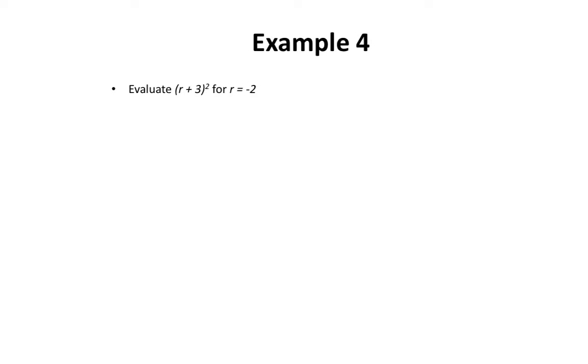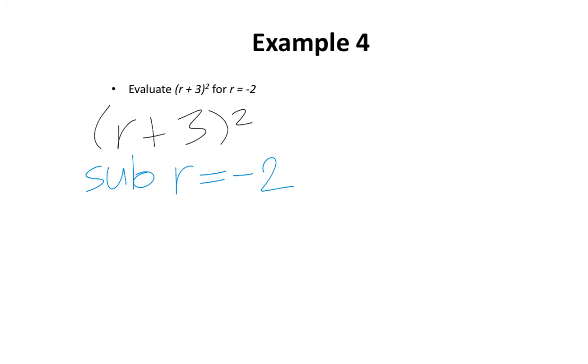In our fourth example, we want to evaluate bracket r plus 3 bracket to the power of 2 for r equals negative 2. First thing you want to do is rewrite the question. Next, we're going to substitute in r is equal to negative 2. Instead of writing r, we're going to replace it with negative 2 in brackets.